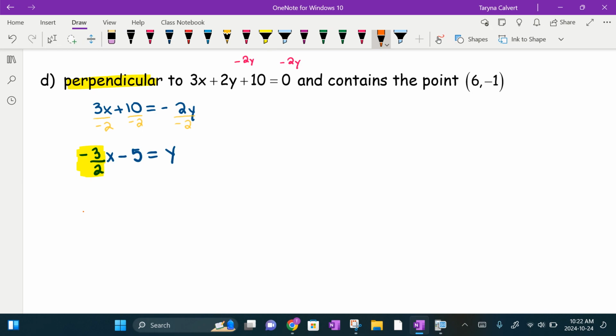Right, so therefore, m is going to equal? Good. 2 over 3, you betcha. Because the original is negative, so we know that the perpendicular has to be positive, and we reciprocate. So flip away, and then now back to writing the equation.